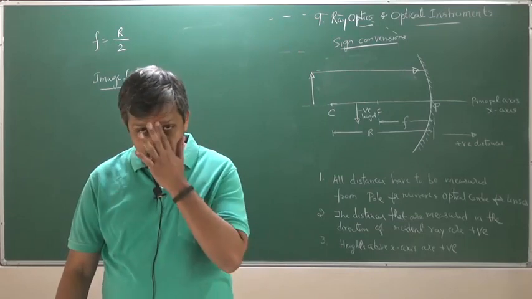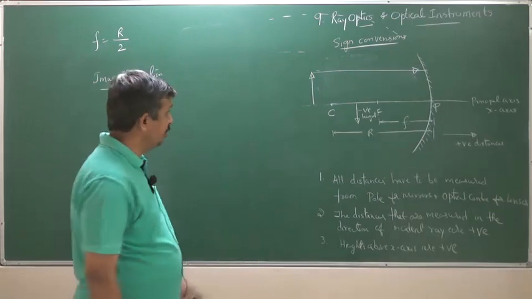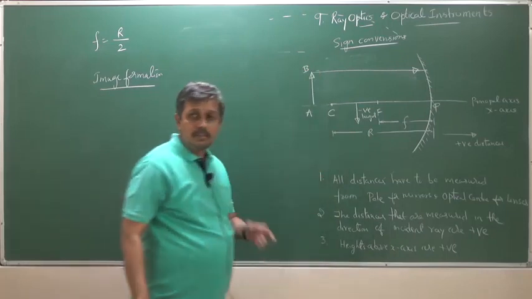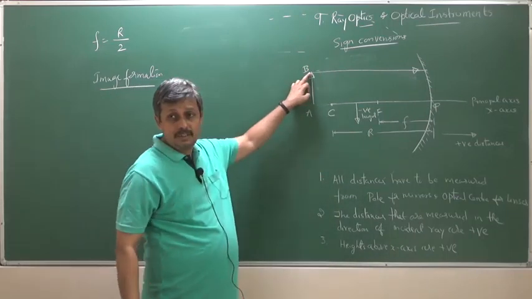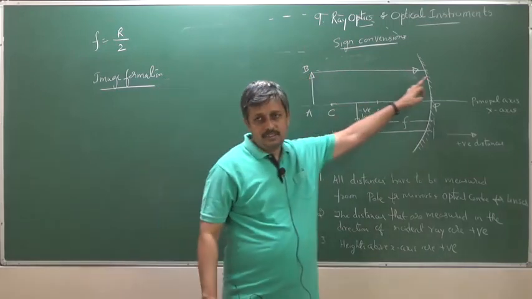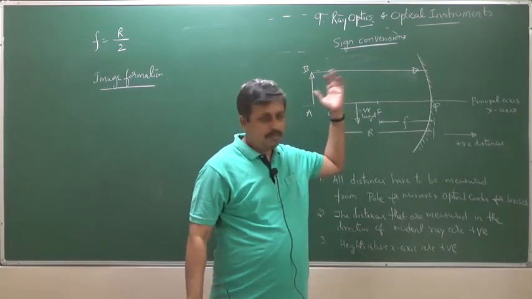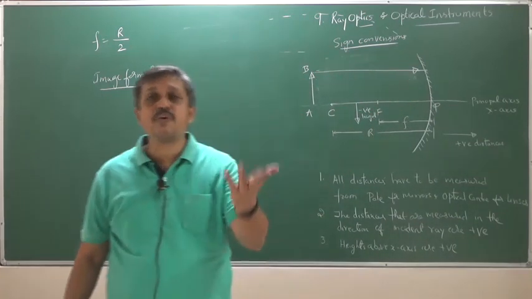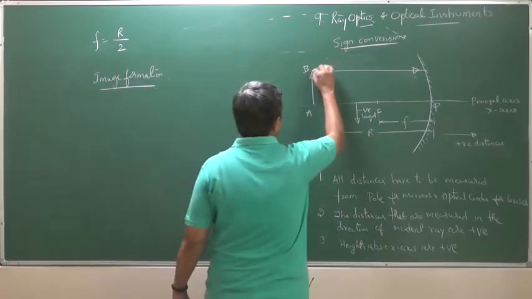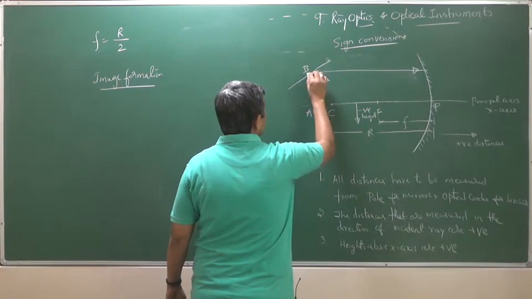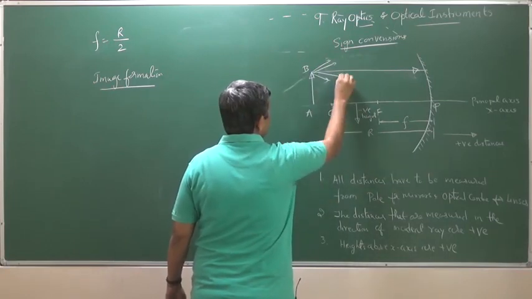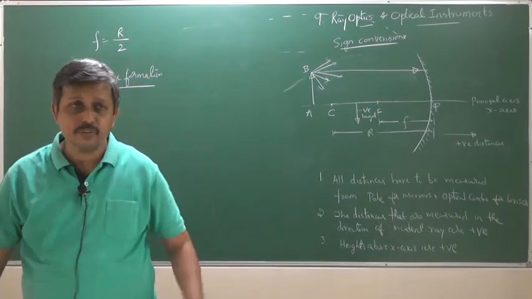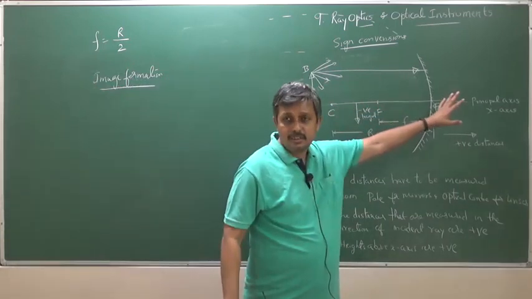Let us say this is my object AB. From point B you take one ray, because light comes like that, and see where it goes, and from the same point B you take one more ray. It is sending light in all directions, all the rays you take.